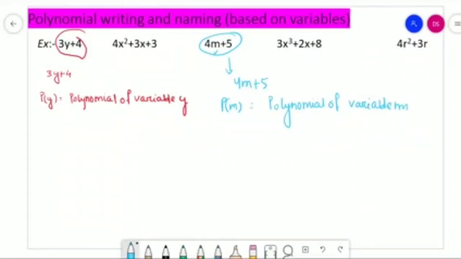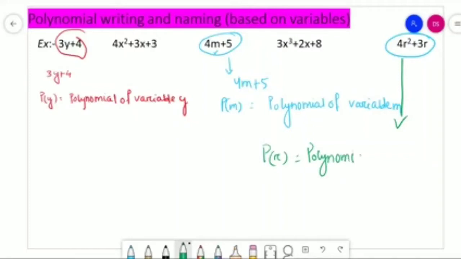Okay, polynomial of variable m. Look at this one, obviously this will be polynomial of variable r. These are the polynomials based on the variables.